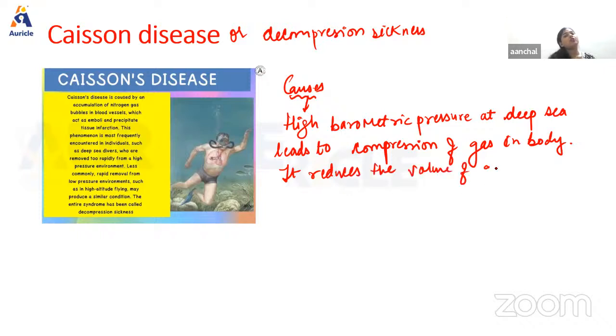Now, if I look at the signs and symptoms shown by the patient suffering from this disease, the symptoms will be like severe pain in tissues, and those tissues particularly are joints.